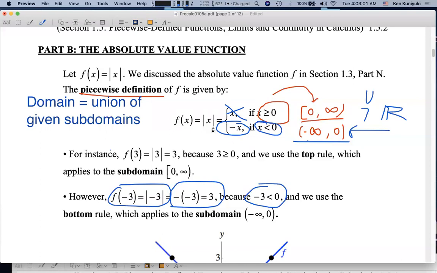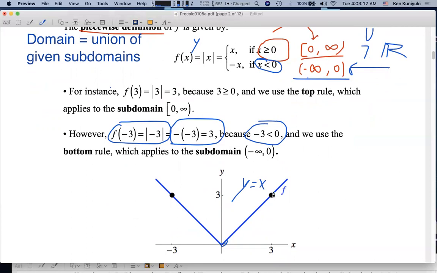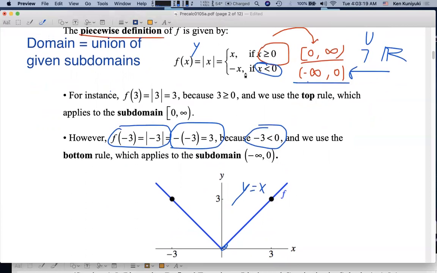Well, how do you graph this thing? You want to graph y equals x if x is non-negative. So we get this ray over here, starting at the origin, going through quadrant 1. But if x is negative, we want y equals the opposite of x.